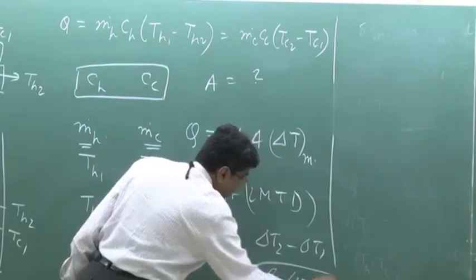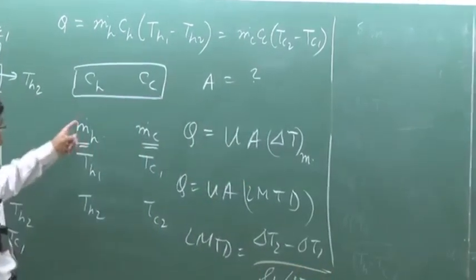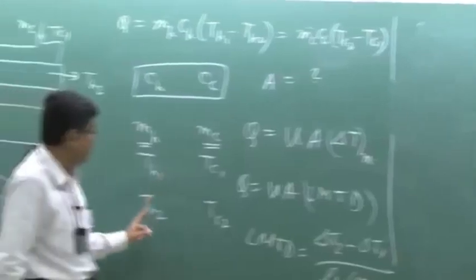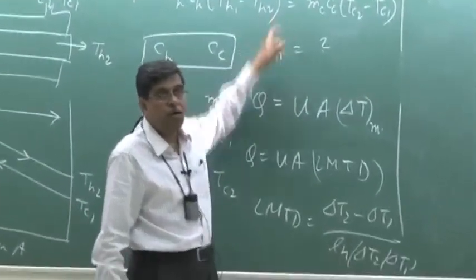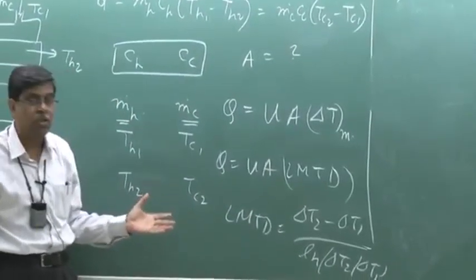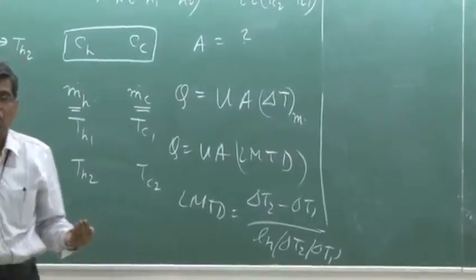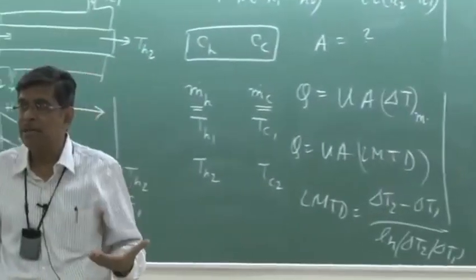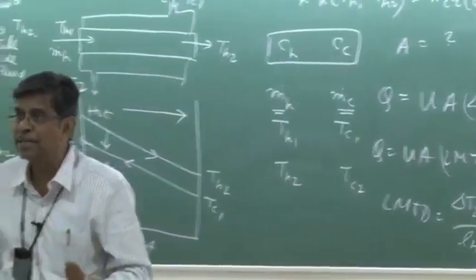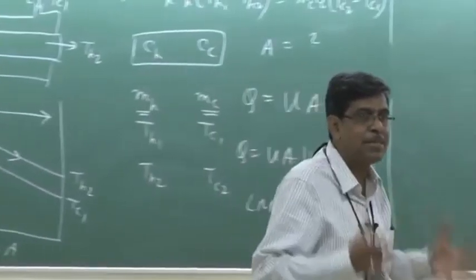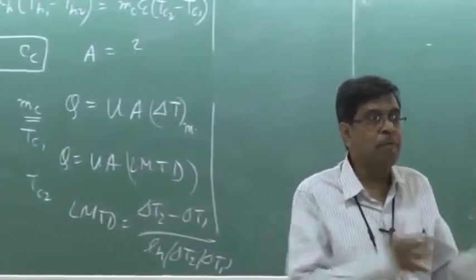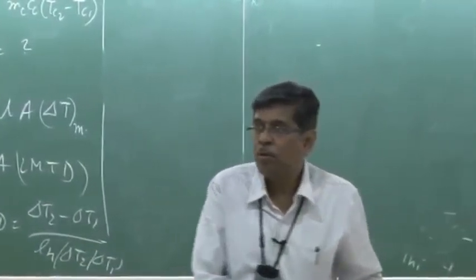Now, if I know only these two, Th1 and Tc1, not Th2 and Tc2, this equation cannot tell anything. So how to find this? We cannot know LMTD. So this type of problem, where the sizing is given but we have to rate the exchanger, means whether a particular exchanger with a given surface area is suitable or not, then what do we have to do?